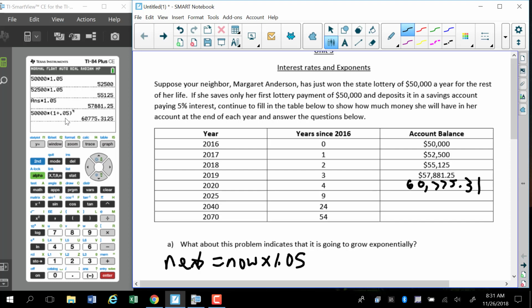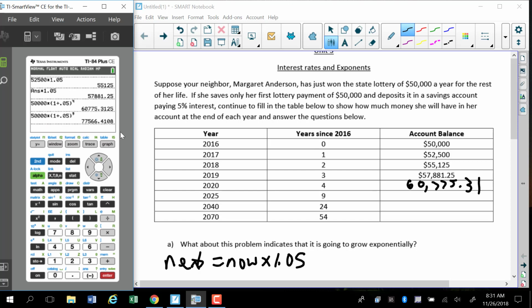So we can go up here and just edit this to 9 years instead of 4. Hit enter, and in 9 years it's going to be $77,000. Where will it be in, say, 24 years? You can look at this.